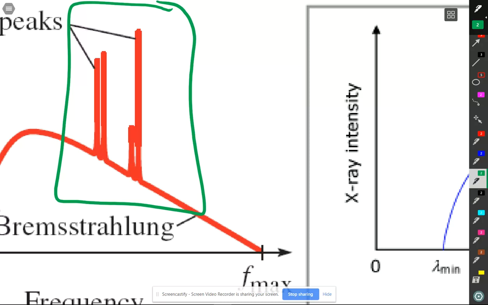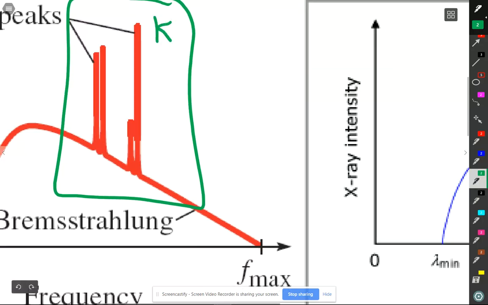The Ks should be the ones with the higher energy, and the Ls would be the ones with lower energy, because you're going to n equals 2, which is a much smaller potential energy gap than n equals 1.